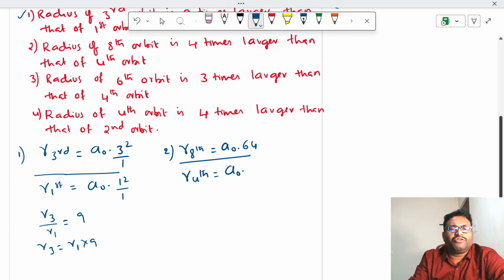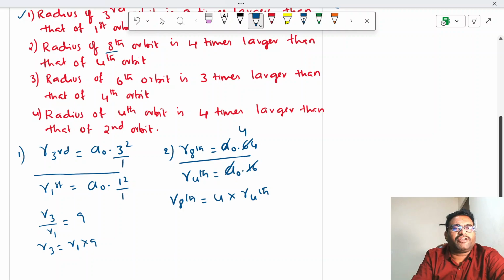So a naught into 4 square. 4 square is 16. So 8 square is 64, then radius of 8th orbit is 4 times the radius of 4th orbit. So radius of 8th orbit is 4 times larger than the radius of the 4th orbit. Yes, it's also correct.